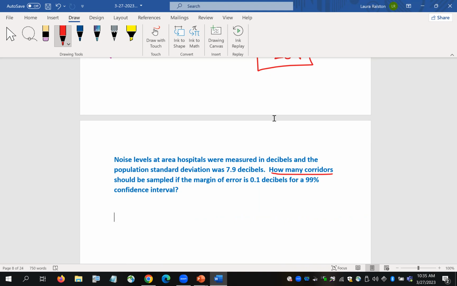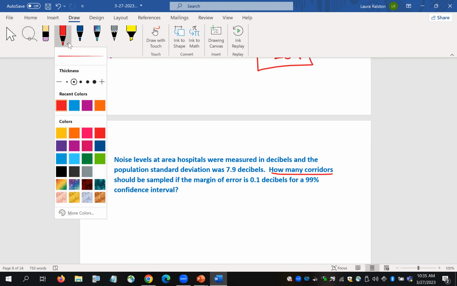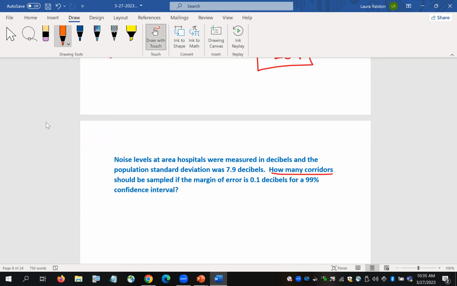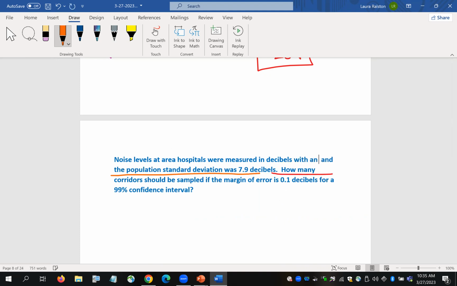It also tells me the population standard deviation was 7.9 decibels, with an unknown population mean, because we need to know that it is related to the mean.